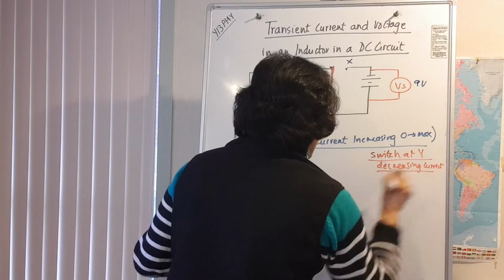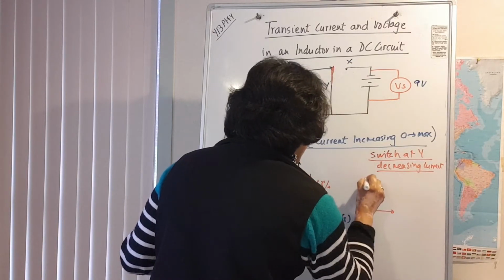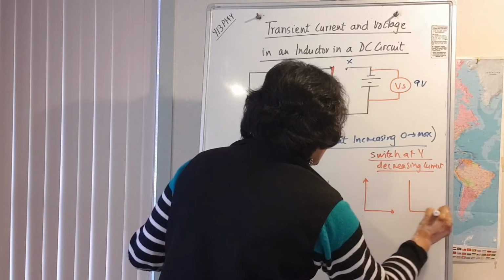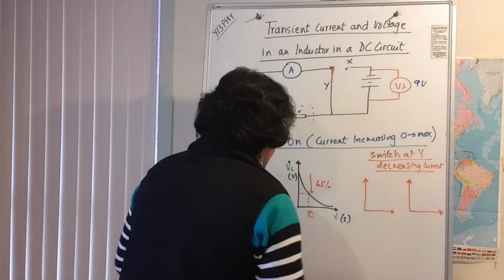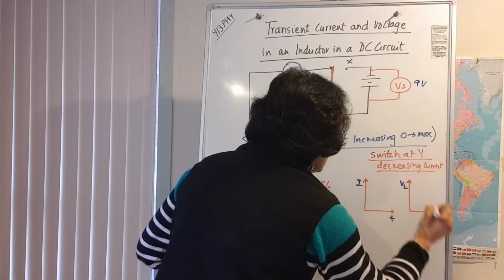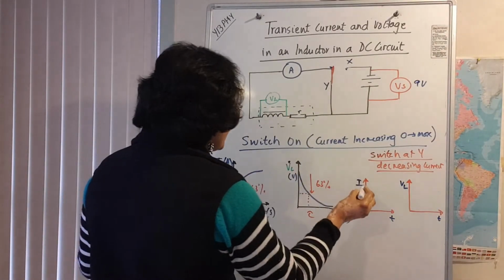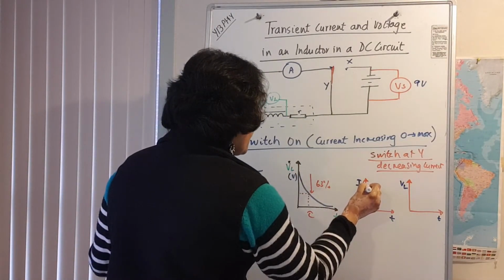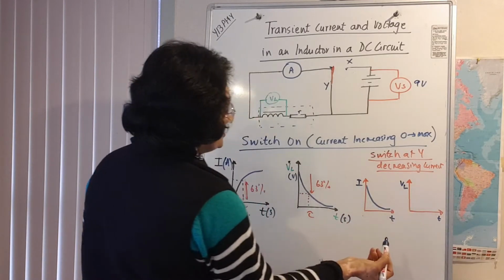So I'm just going to draw little red graphs just to make it different from the other one. So this is my current against time. This is my voltage across the inductor against time. So the current is falling, and it'll eventually reach 0.